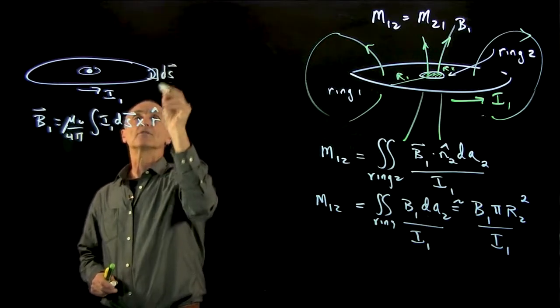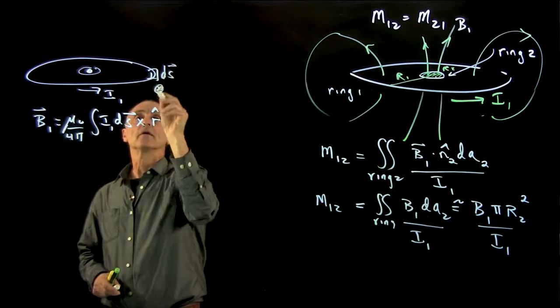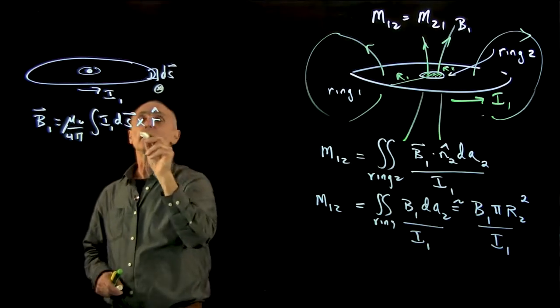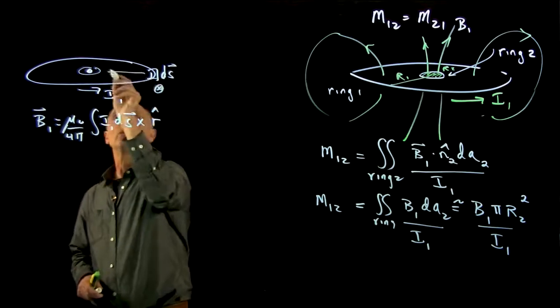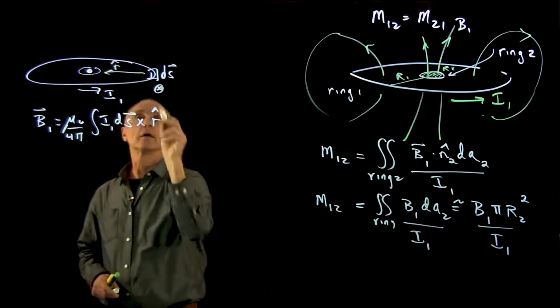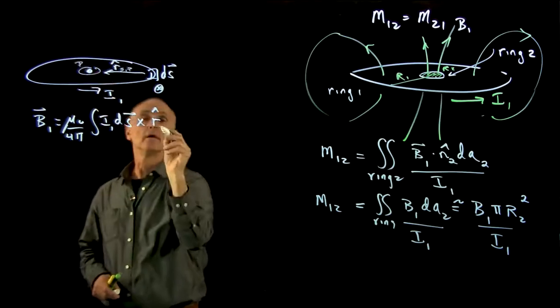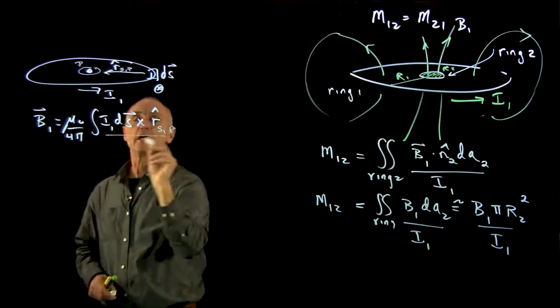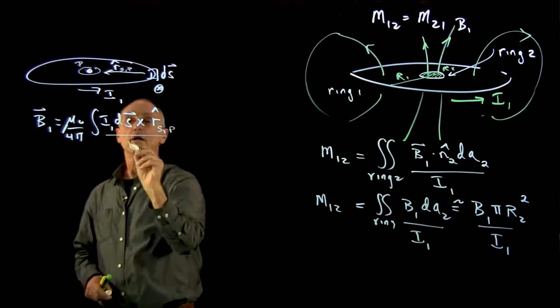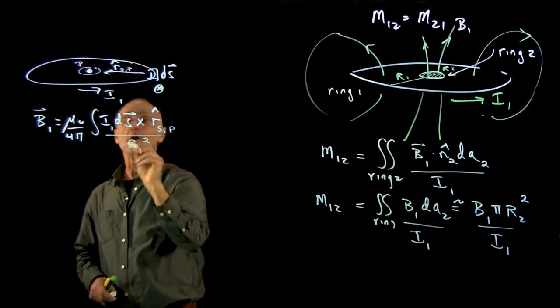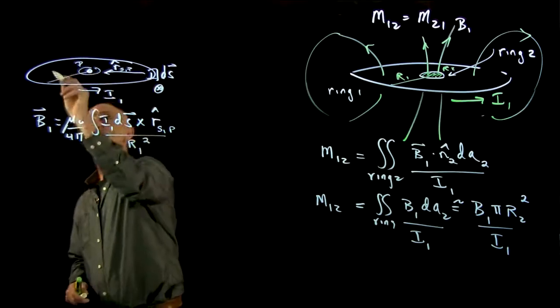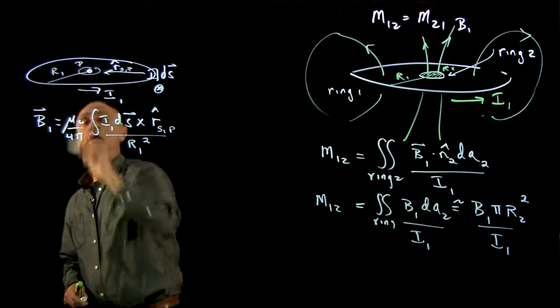We'll take our ds like that, and that is the unit vector, r hat, from ds to the center P, and we divide that by R1 squared, because the radius of the ring is R1.